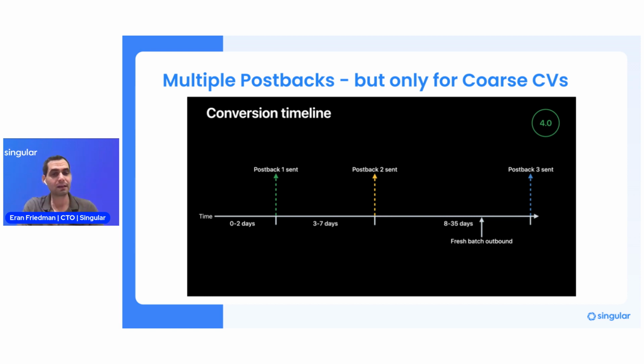Now Apple introduced the ability to send up to 3 different postbacks from the install time. And those would be with set windows, so set timers from the install. The first postback would be sent after 2 days, the second postback after up to 7 days, and the third postback after up to 35 days.